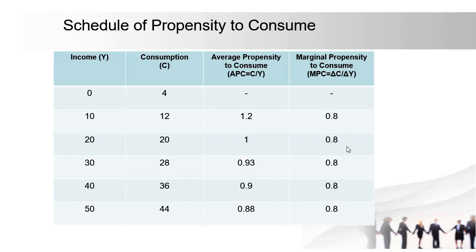Then the marginal propensity to consume is delta C by delta Y, that is delta C, rupees 8 billion, divided by rupees 10 billion for each change in income. So we get 0.8.